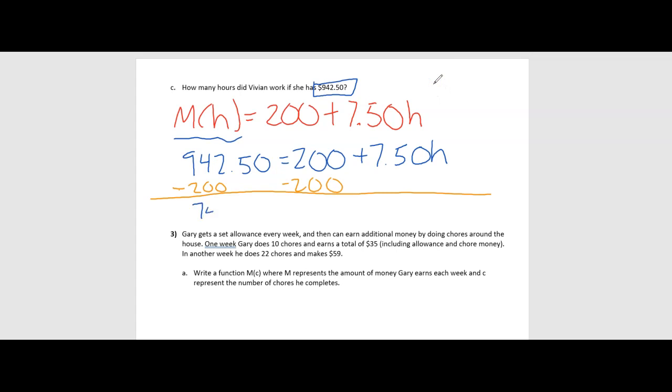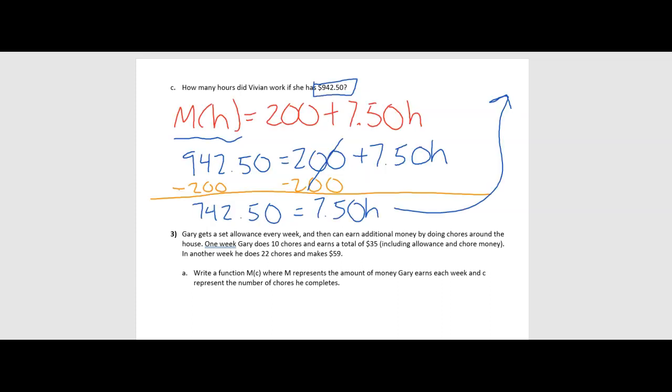That's going to give us 742.50 is equal to 7.50h. Can divide both sides by 7.50.